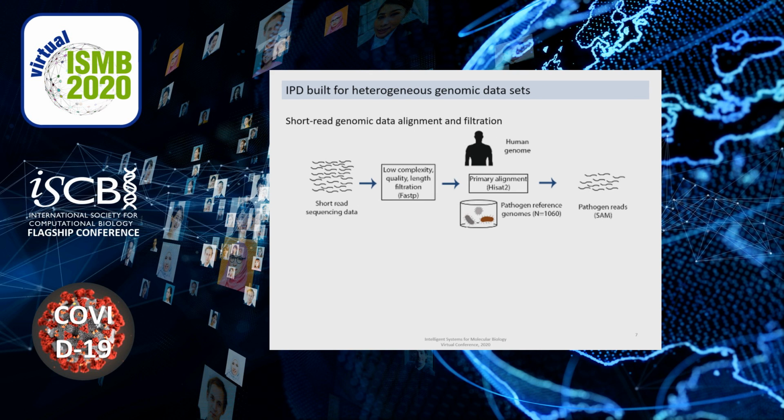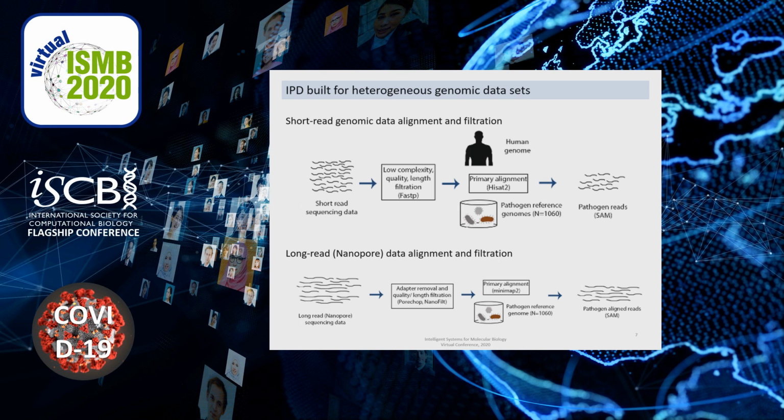So as I said, IPD is built for heterogeneous data. The short read analysis starts with filtration, followed by alignment to both human and pathogen genomes. Similarly, the long read data, which is mainly focused on nanopore right now, has two components, which is filtration and alignment.